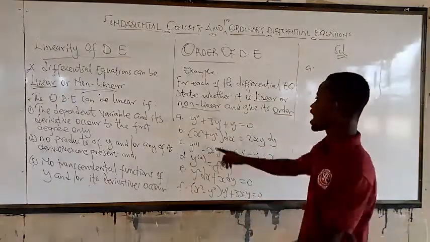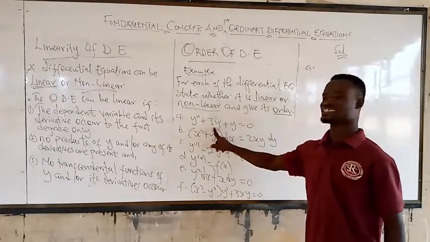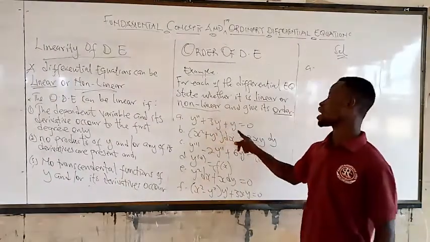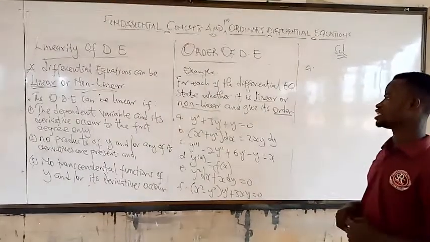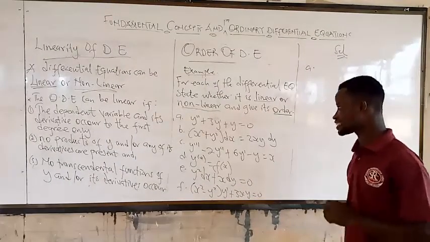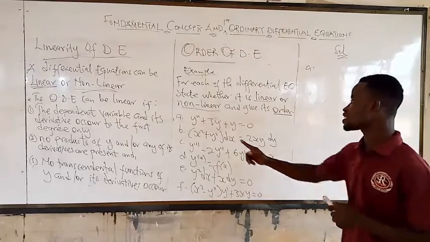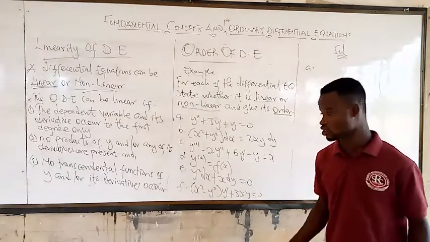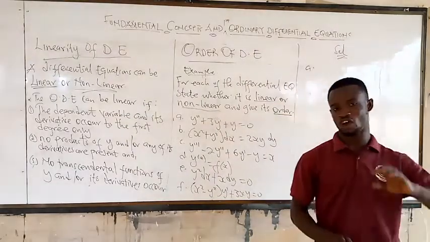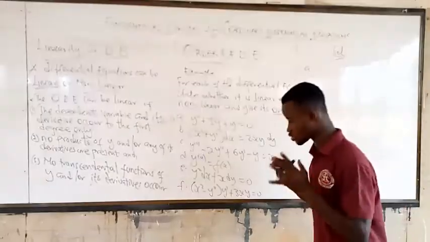Looking at the A, we have y prime prime plus 3y prime plus y is equal to z. Looking at this differential equation, we can see that we have the second derivative in it. In fact, it is an ordinary differential equation, so you don't think of PDE because whatever we are doing is ODE.